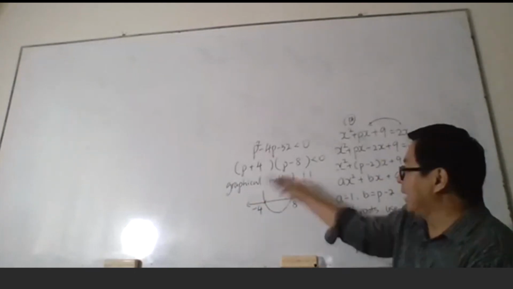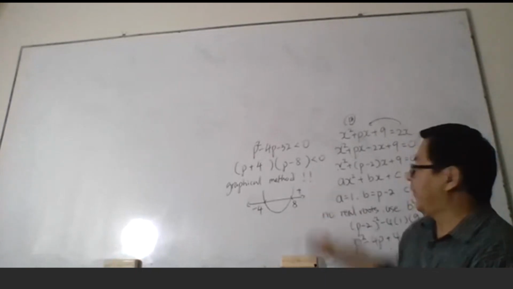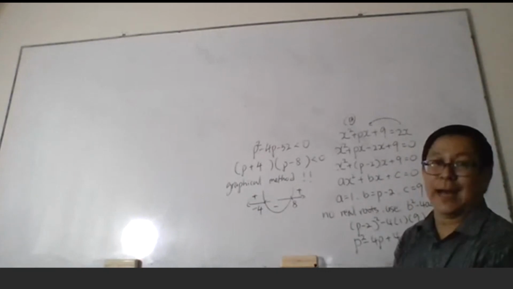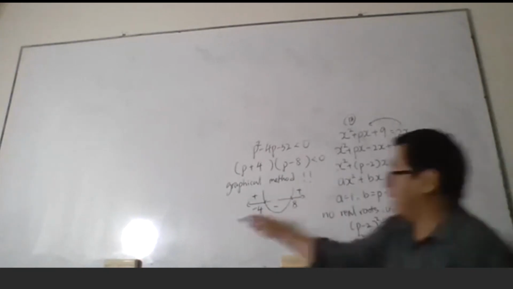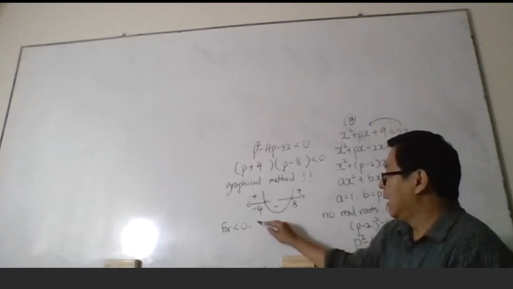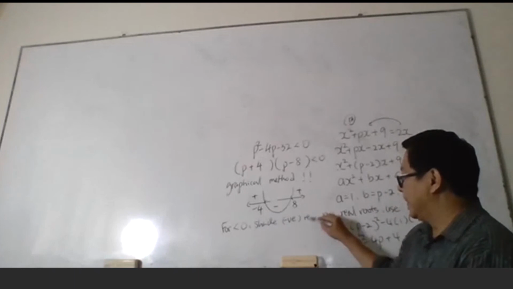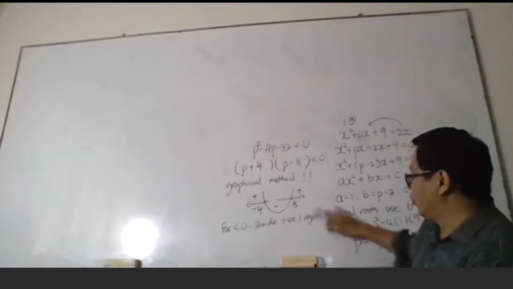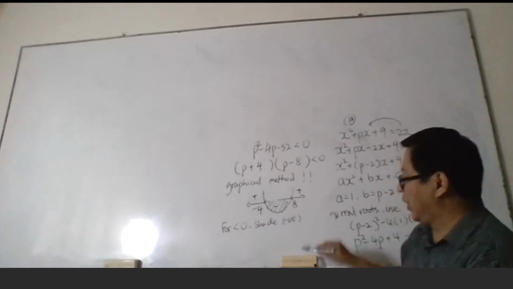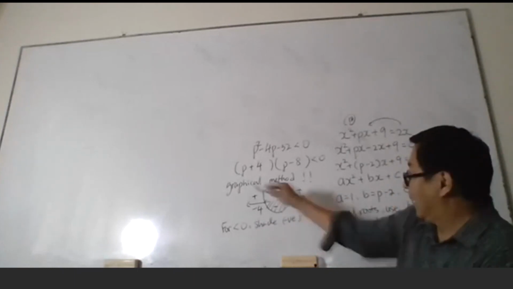And so in this graph, you get 3 regions. Positive is on top, so negative is below the line. And this is less than 0, so remember, we need to shade the negative region. I'm going to shade the negative region, the region below the line.